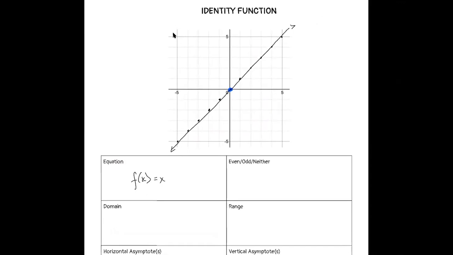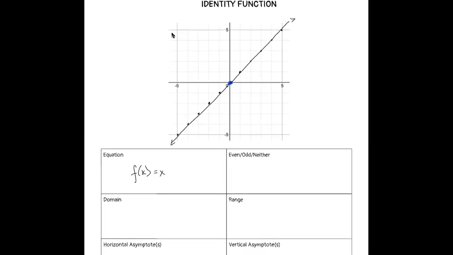Can you put fractions in? And can we put whole numbers in? Yeah. So that means our domain is going to be from negative infinity all the way to positive infinity. There's no value that I cannot put in, so we say that our domain is from negative infinity to positive infinity.